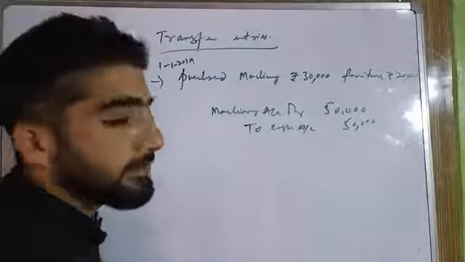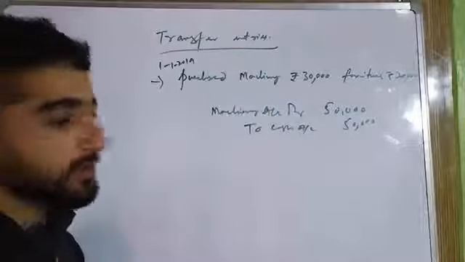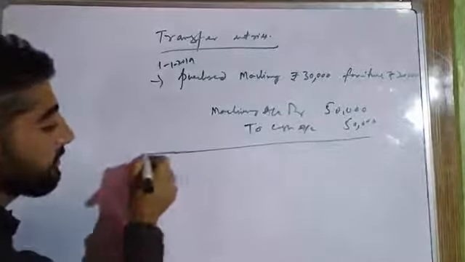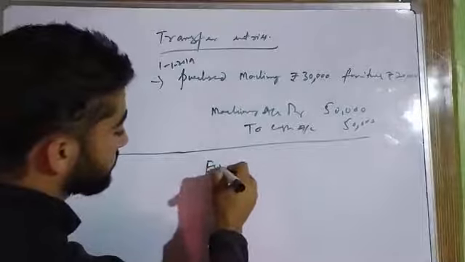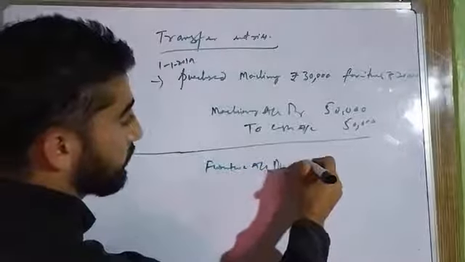So for that purpose, we will have to do a transfer entry. Now when we do the transfer entry, how will we do that? We will do that: furniture account debit rupees 20,000.